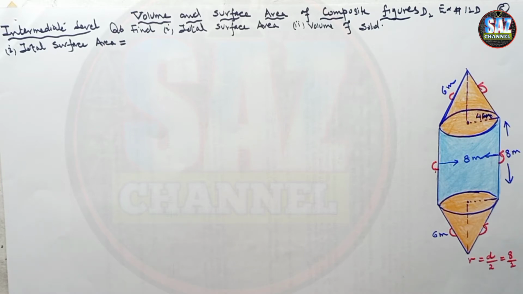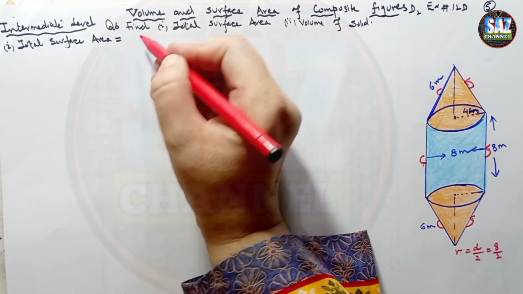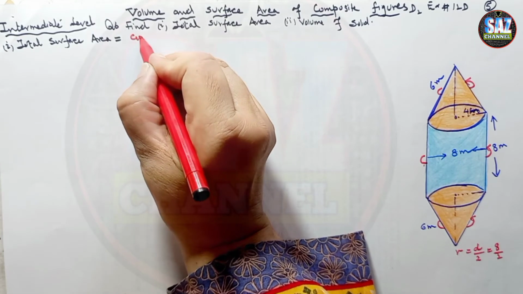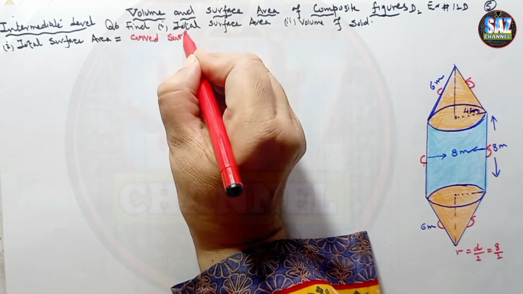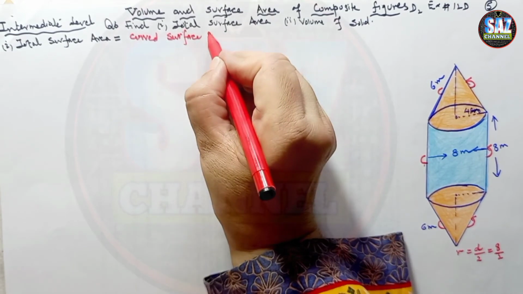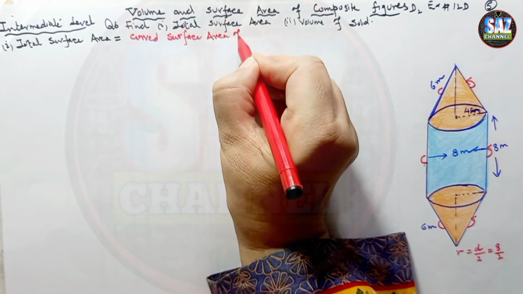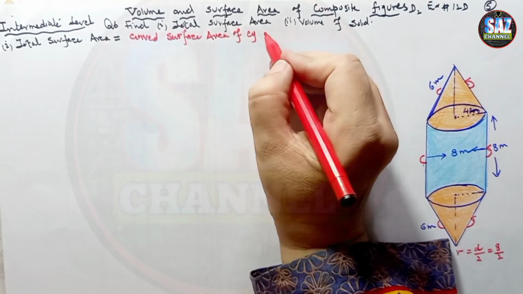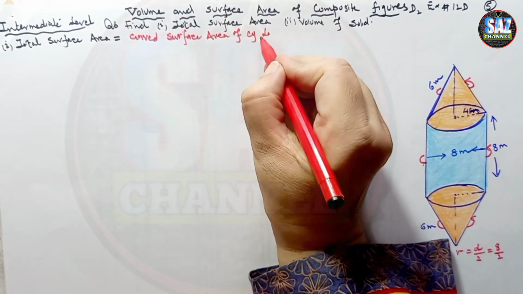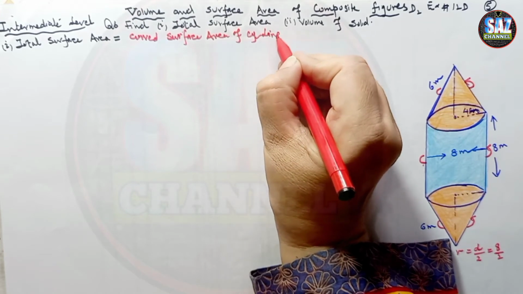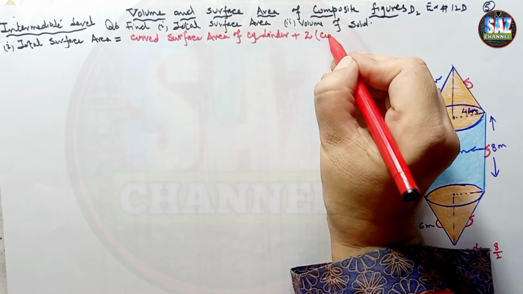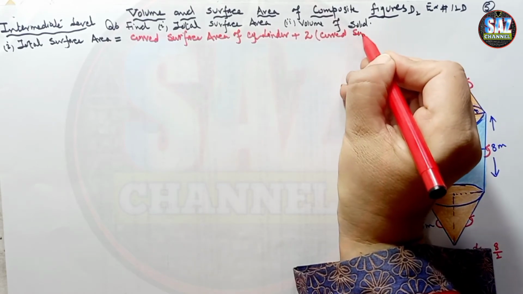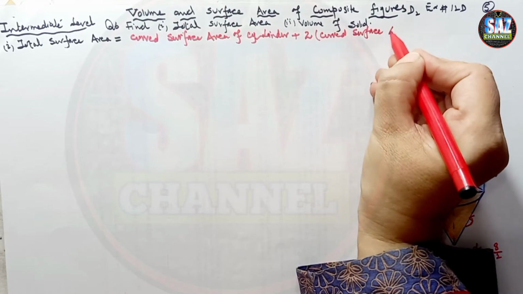So the total surface area will be equal to the curved surface area of the cylinder plus 2 times the curved surface area of a cone.